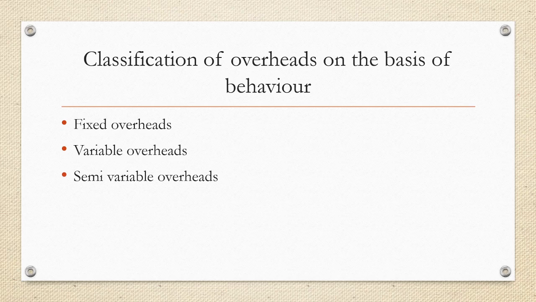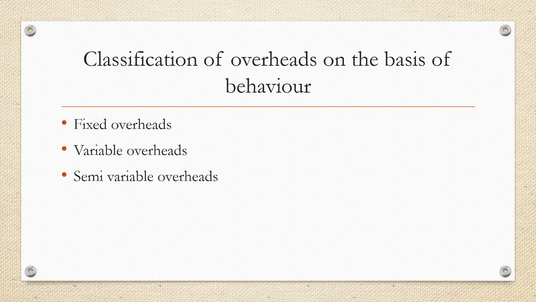Then we have another item that is semi-variable. So there are certain overhead items which are neither completely fixed nor variable. So we call it semi-variable. That is, up to a certain volume of production they are fixed, and after that particular volume of production it changes. For example, if you are working up to a certain capacity, the salary for the supervisor may be at a certain rate.